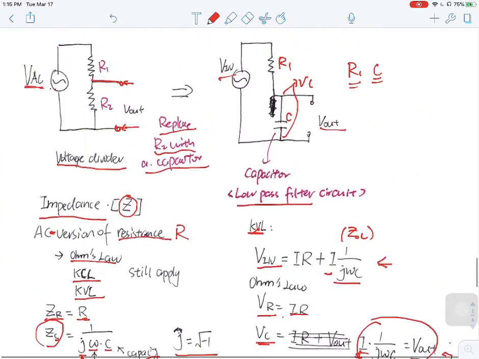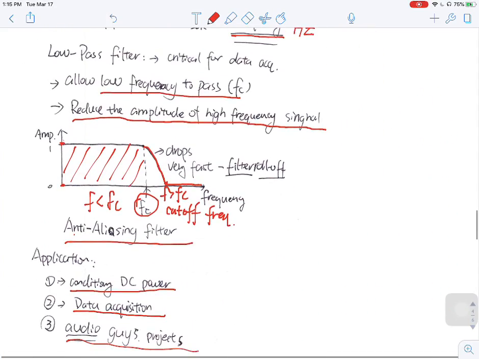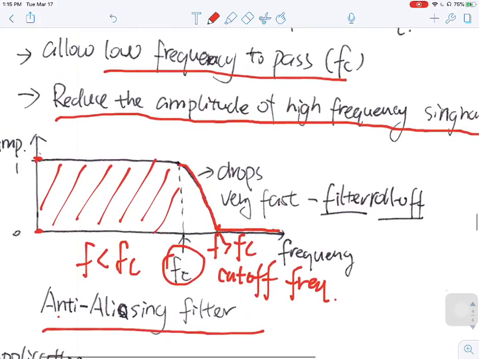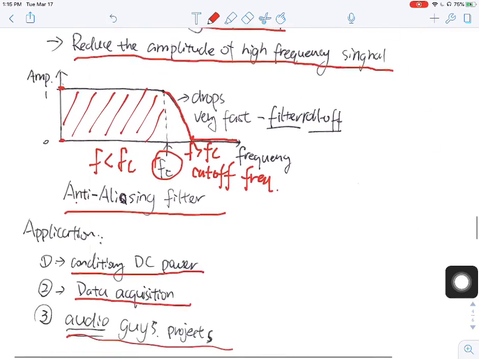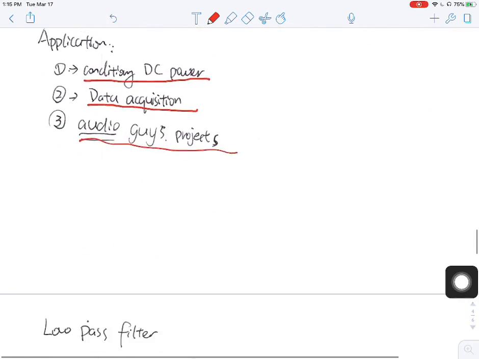That's what this diagram, this plot here, means. When the frequency is low, it keeps the amplitude of 1 for all the signal. It just copies all the signal. If your frequency goes very high, it reduces the signal to 0. Now you know what is a low pass filter.